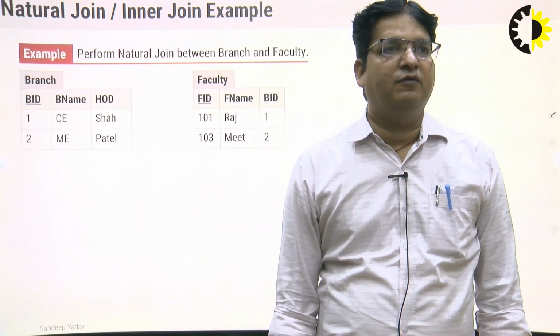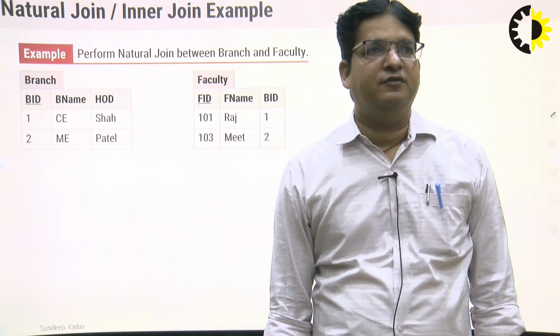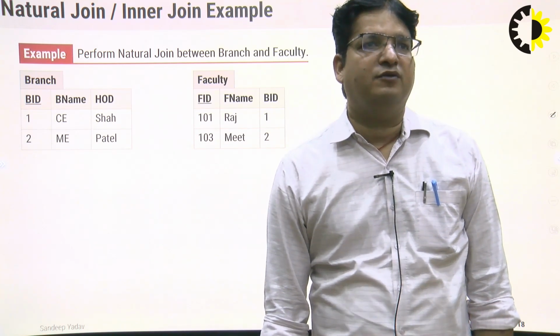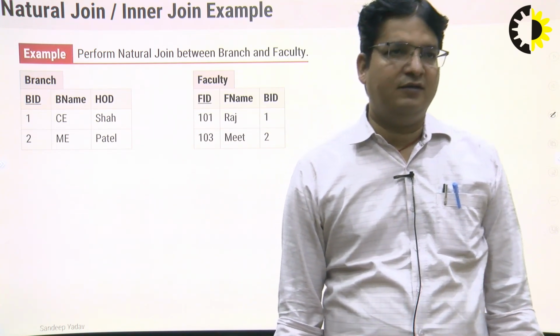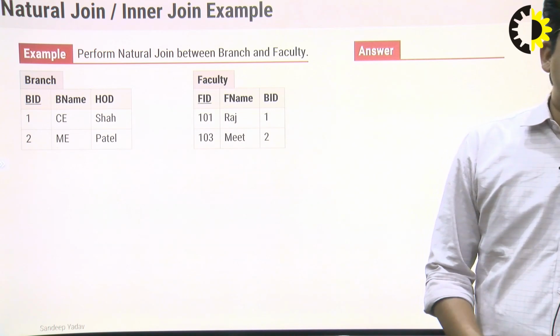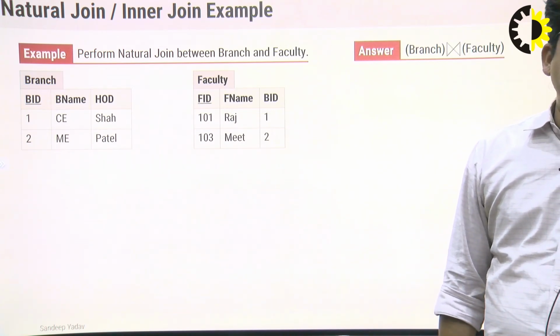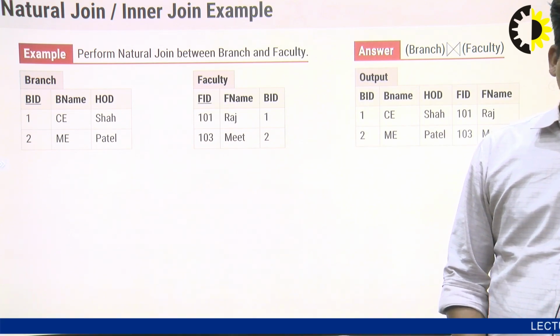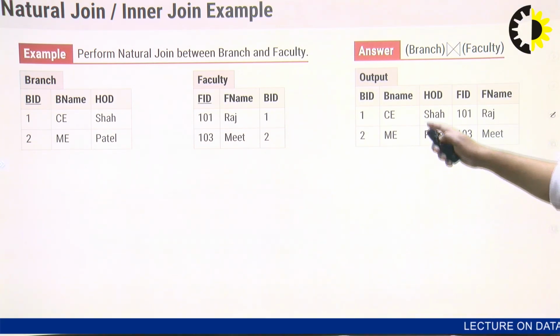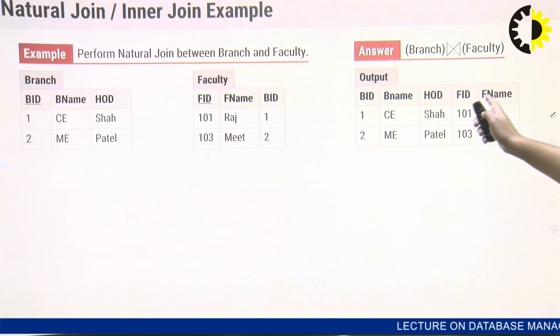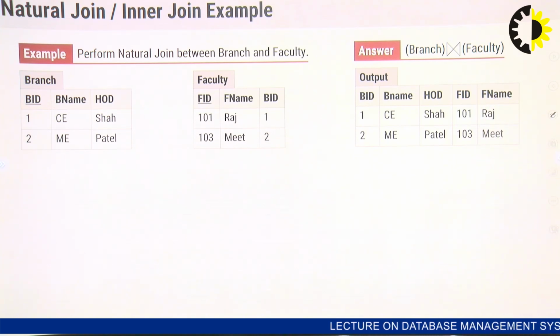Now one more example can be demonstrated. We have to perform natural join between branch and faculty. So we can easily do that. Branch natural join faculty. The output will be this one: BID, B name, HOD, FID and F name. Now one more thing, which attribute is common?